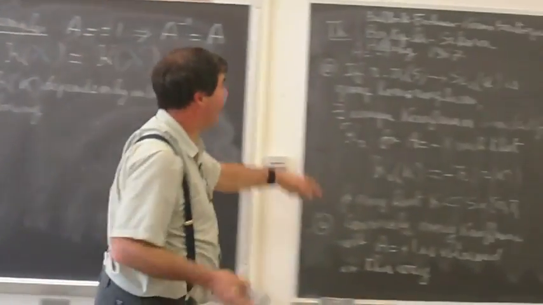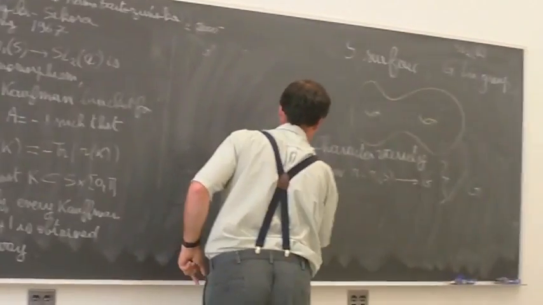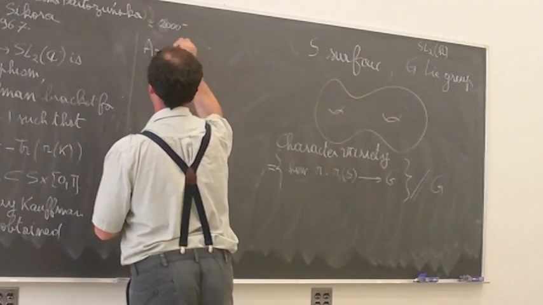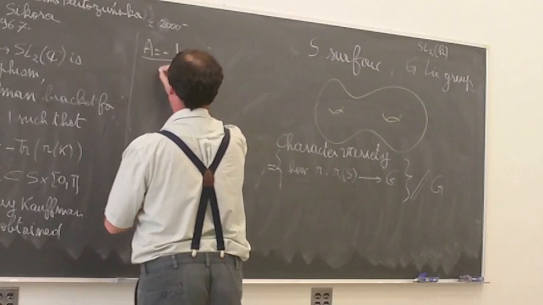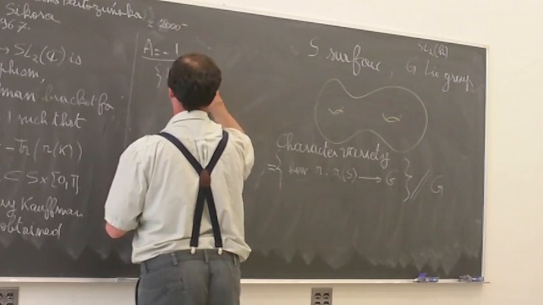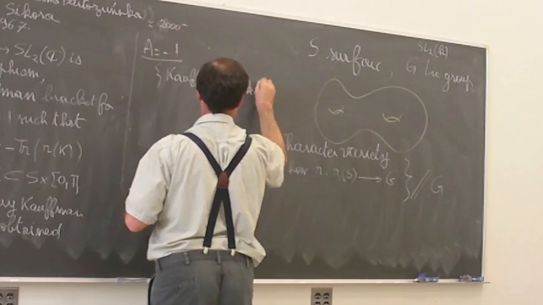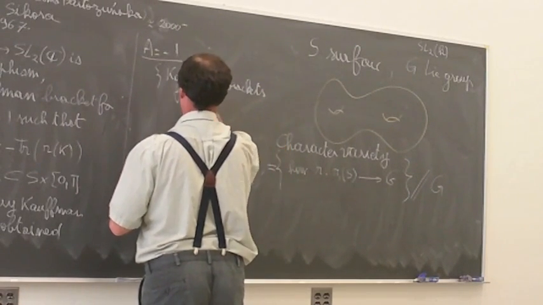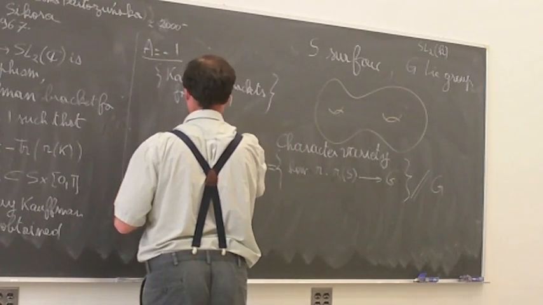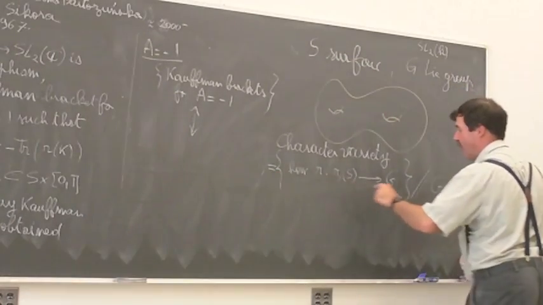So the upshot of this is that when A is equal to -1, if you look at the space of Kauffman brackets for A equal to -1, it's in one-to-one correspondence with the space of group homomorphisms.